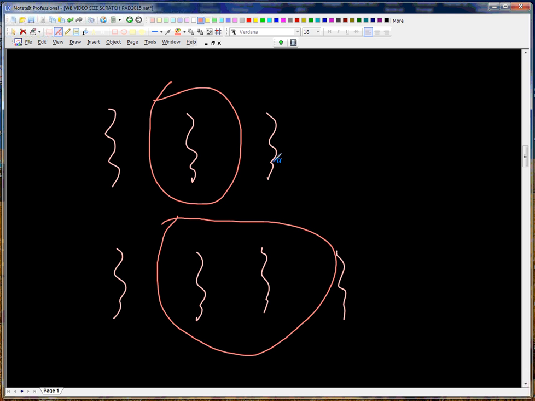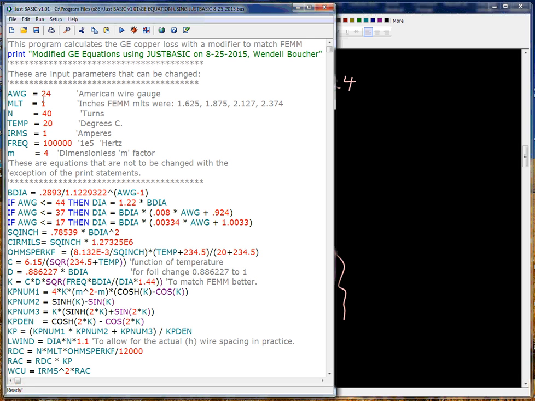This stays exactly the same, but what we do is note that the AWG equals X. In this case, it equals number 24. That's what we have in the program. Number 24 wire. See it right here?